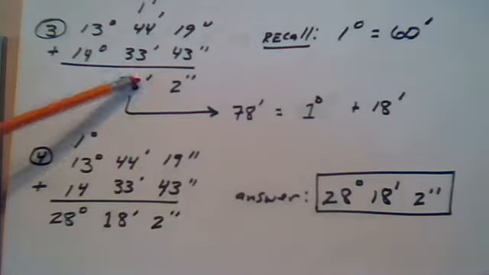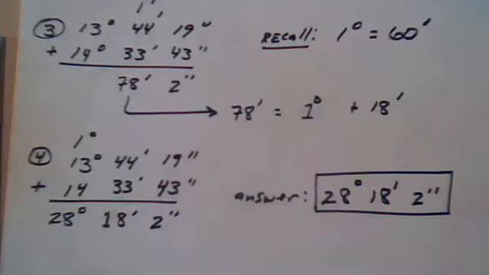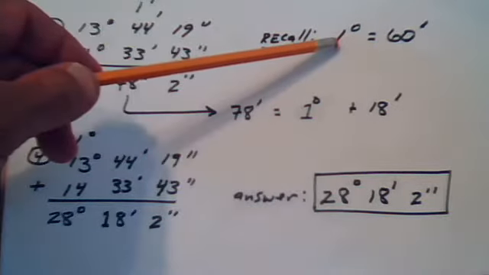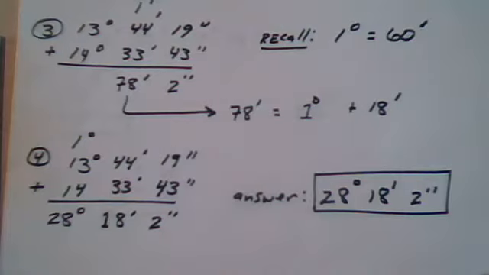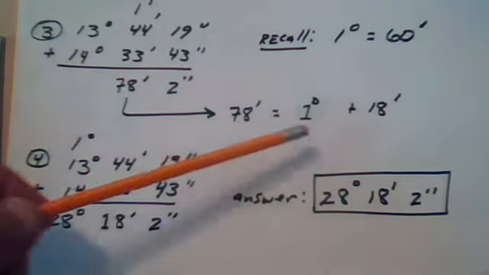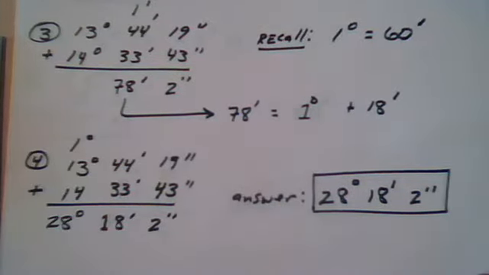So 78 minutes can be broken down into 1 degree, 18 minutes. How's that? Every 60 minutes can be written as 1 degree. So I subtract 60 from the 78 and turn it into 1 degree, with 18 minutes left over.